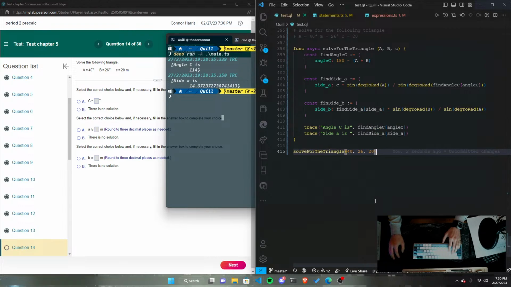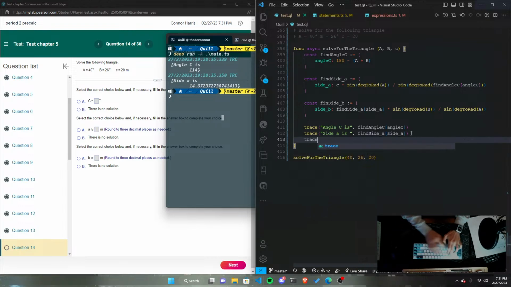Yeah. Right? Because we have sine A over A is equal to sine B, cross multiply. We would get angle B, because we're solving for B. Angle B is equal to sine A times the sine of B divided by the sine of A. Yeah, that's right.